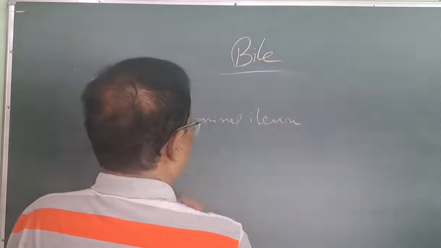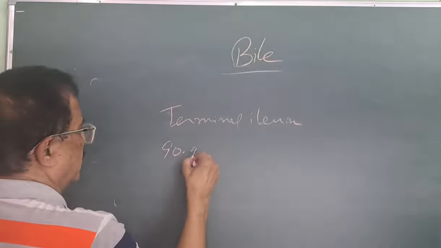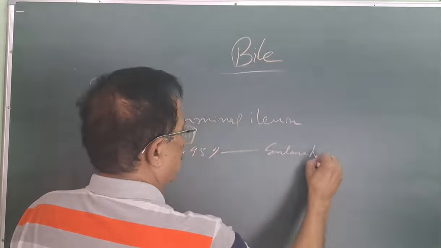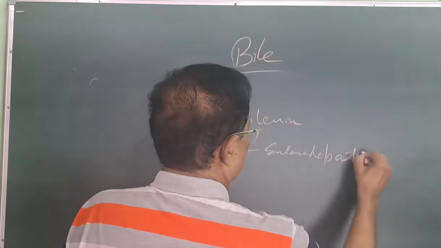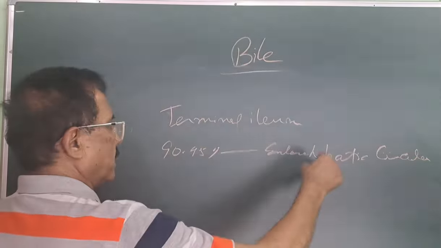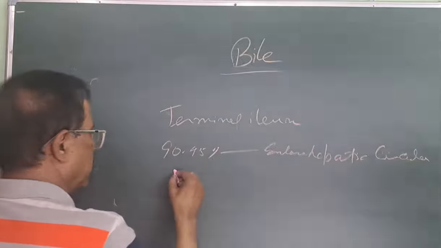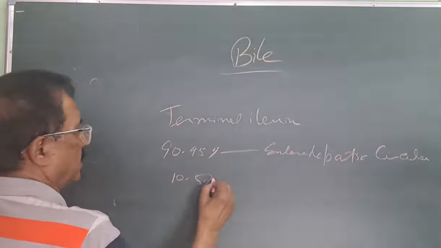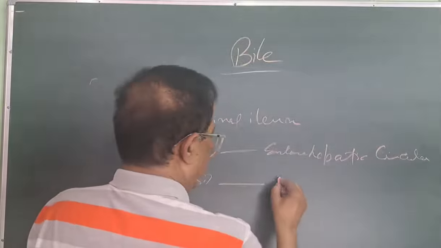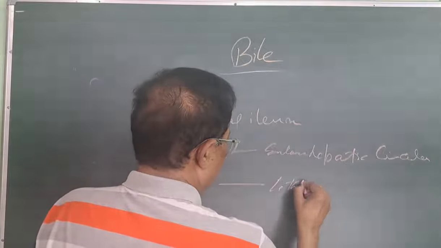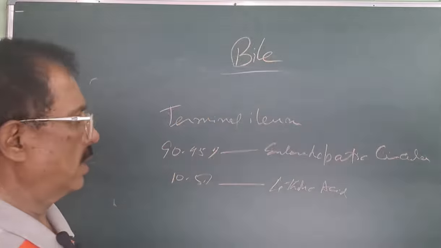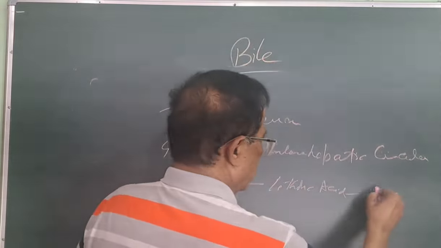After absorption, 90 to 95% go into the enterohepatic circulation, from where they circulate again. Only 5 to 10% enter general circulation, out of which lithocholic acid is almost not absorbable and is excreted in stool.